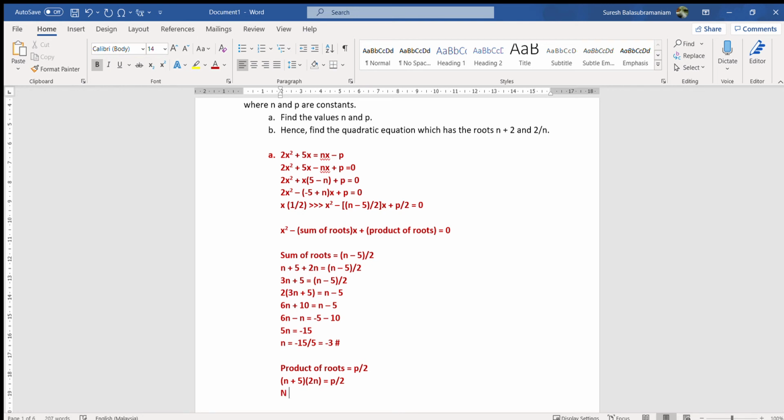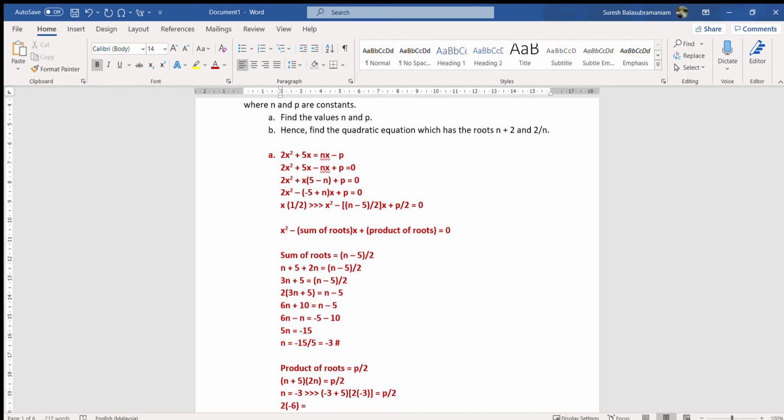So n equals negative 3. I'll replace that in the equation. So I get negative 3 plus 5, then 2 multiply negative 3, equals p over 2. So negative 3 plus 5 is 2. 2 times negative 3 is negative 6.